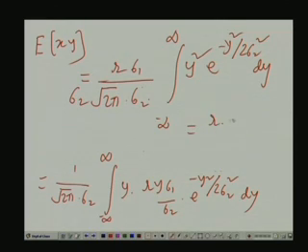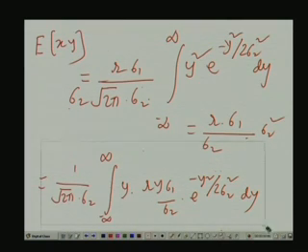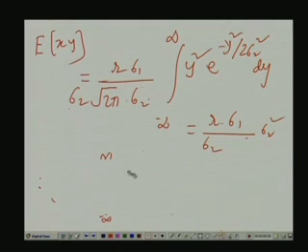So, r sigma 1 as it is, and 1 sigma 2 left out, and sigma 2 square comes up. So, we get r times sigma 1 sigma 2.